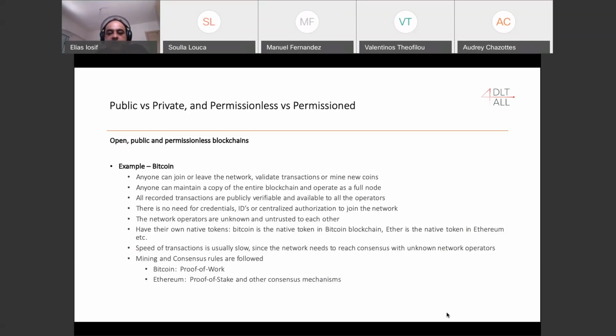Anyone can validate transactions or even mine new coins, which is incredible in terms of functionality provided openly to all. Anyone can maintain a copy of the entire blockchain and operate as a full node. This ability is what makes the entire peer-to-peer system robust.